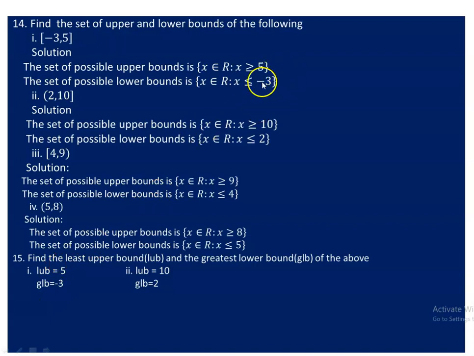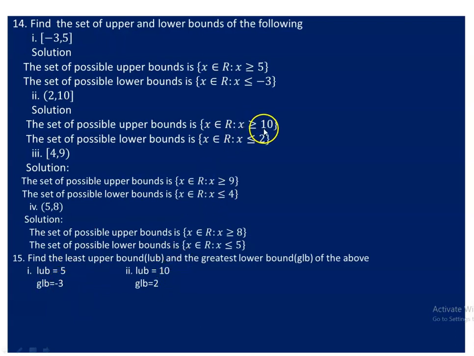And here again, we have the greatest lower bound to be -3, because you do have a lot of lower bounds. For instance, you may take -4, -6, -10, whatever numbers, as long as they are less than or equal to -3 they can be lower bounds, and the greatest of all these is -3. So GLB is -3.